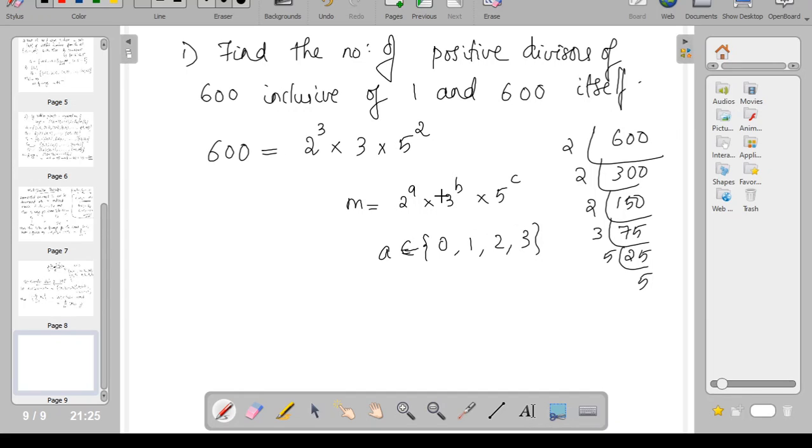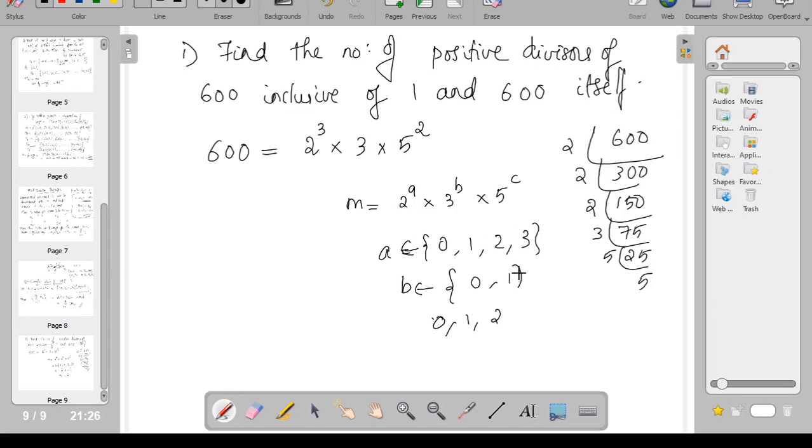And b can be 3 power 0, and the case where the powers of both are present as divisors is also there. So b can be either 0 or 1. Then similarly c can be 0, 1 and 2. So now by using the multiplication principle, a must be followed by b, b must be followed by c.